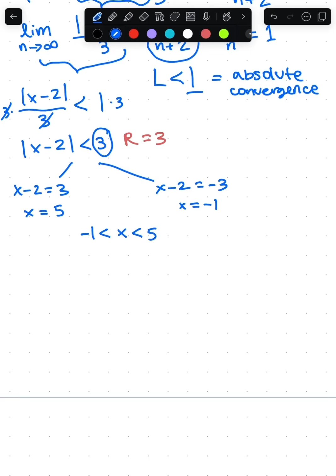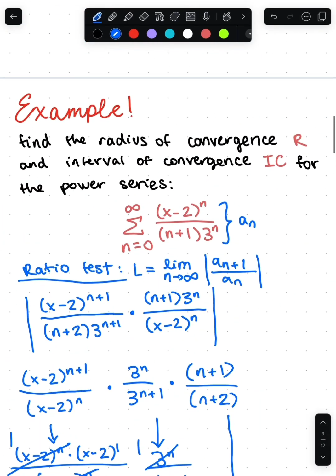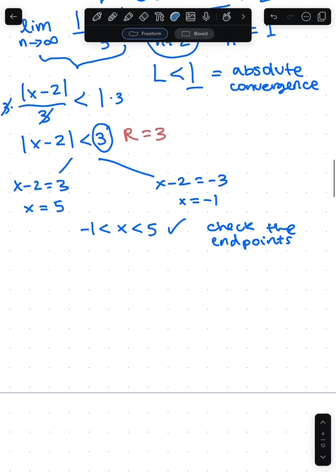Now that we have found our interval, we need to check our endpoints. So how do we do this? We are going to plug in the endpoints back into our original power series.